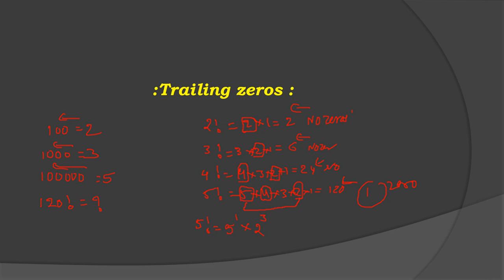So we have only one 5 and three 2s. Then how many combinations of 2 into 5 are there? Here we consider one 2 and one 5. So one combination. That's why we have only one 0 at the end of 5 factorial. Clear, right?